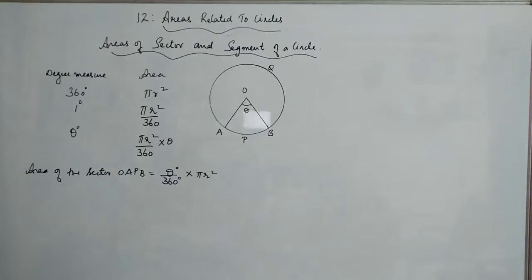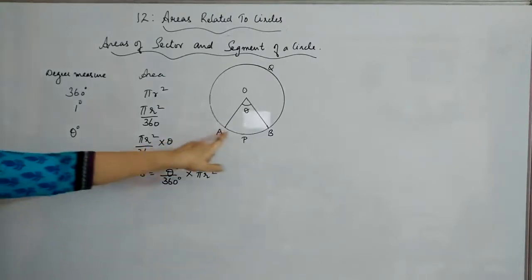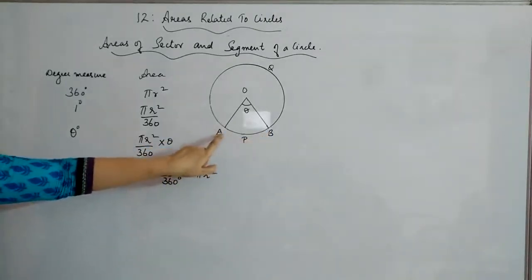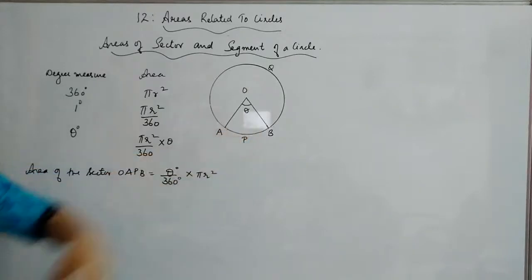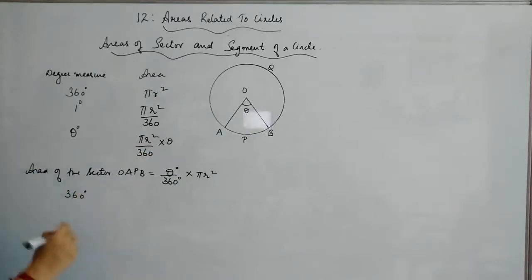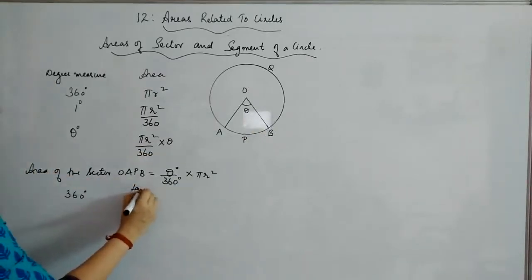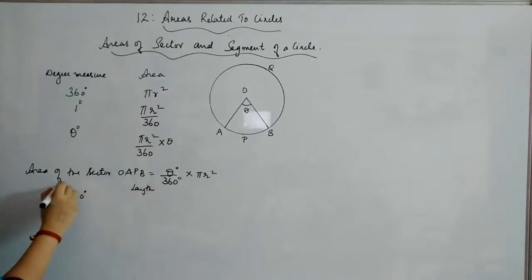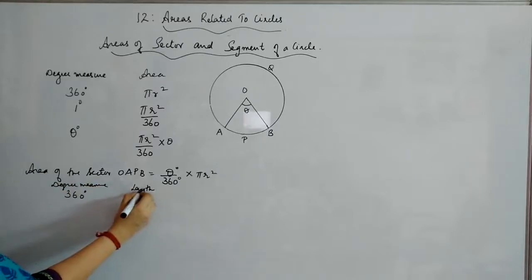Now to get the length of the arc APB, again we will use the unitary method for degree measure. When the degree measure is 360 degrees, this is your degree measure and this is your length of the arc.